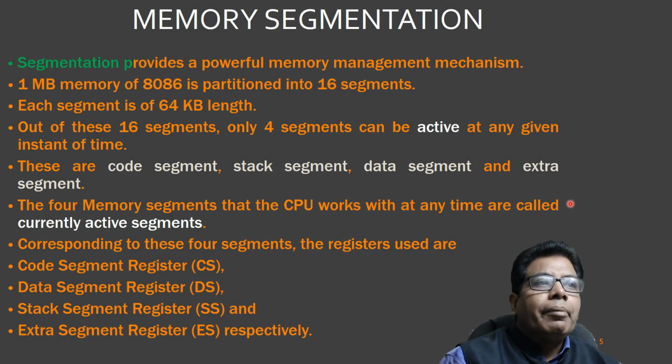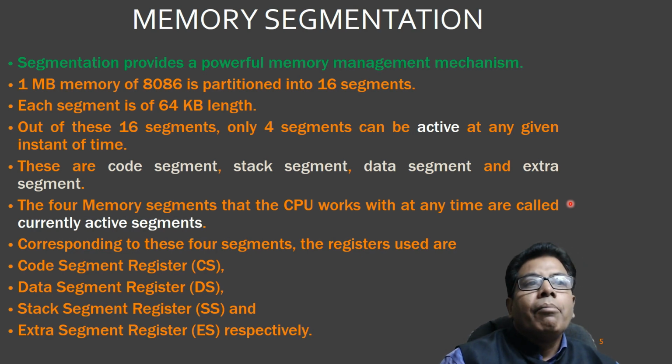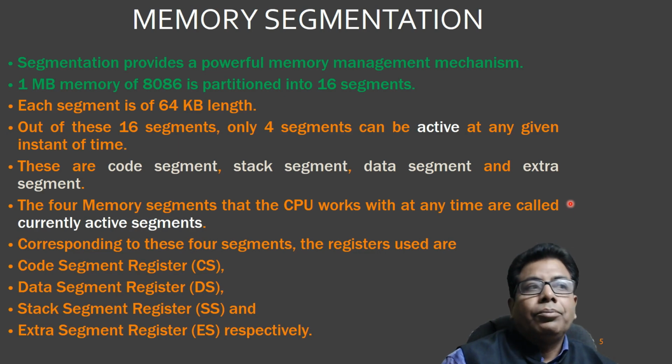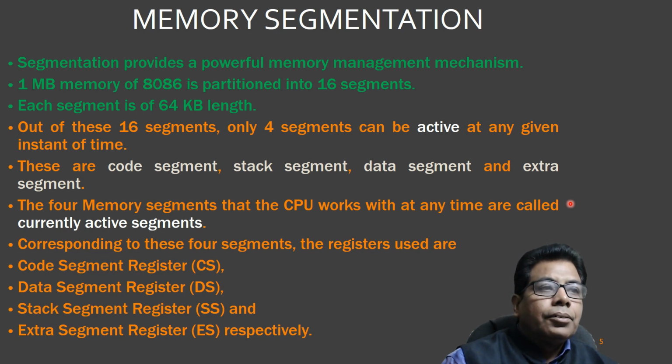Now segmentation provides a powerful memory management mechanism. As we have already seen, 1 MB memory of 8086 is partitioned or segmented into 16 segments. Each segment is of 64 KB length, that is 2 raised to 16, that is 64 kilobytes.